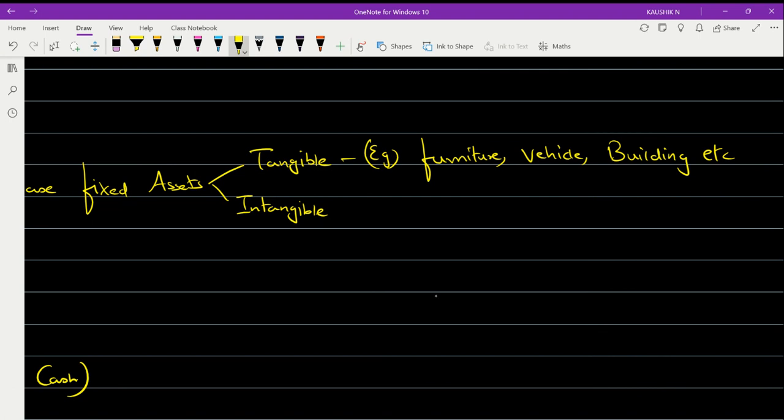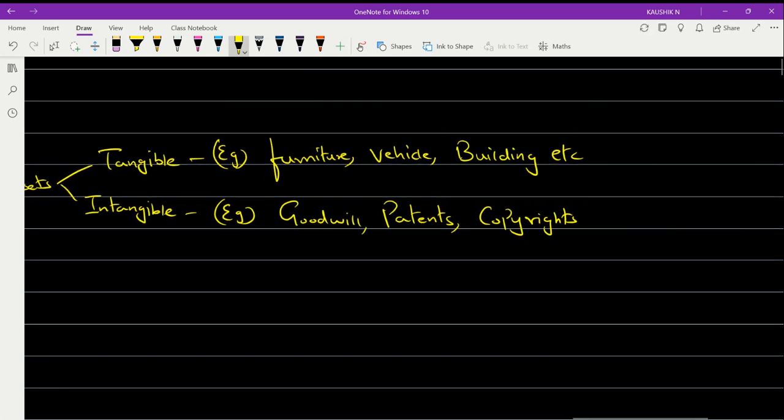When we say intangible, the examples will be goodwill, patents, copyrights. Have you come across all these words? Yes, sir. So goodwill, patents, copyrights are all intangible fixed assets which can also be purchased.